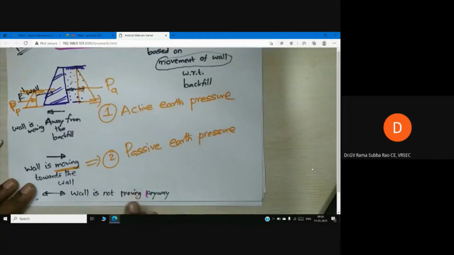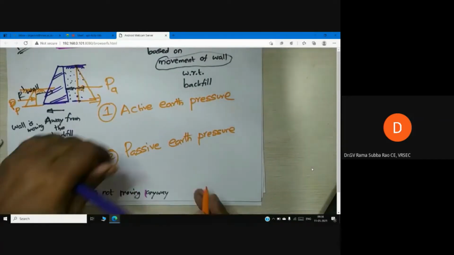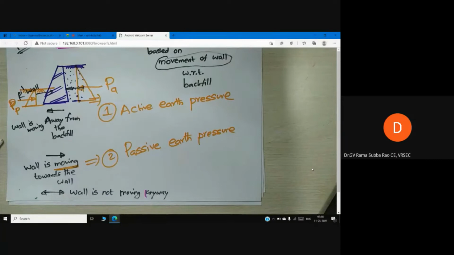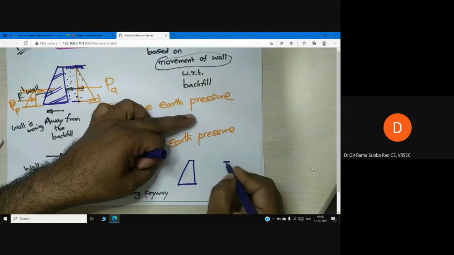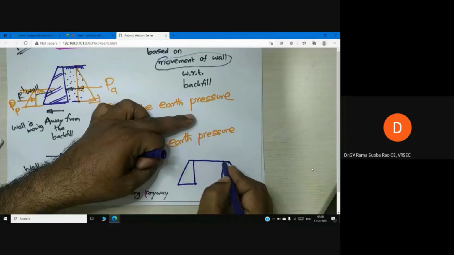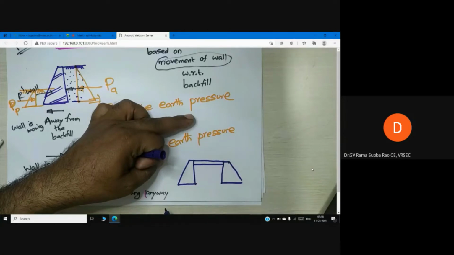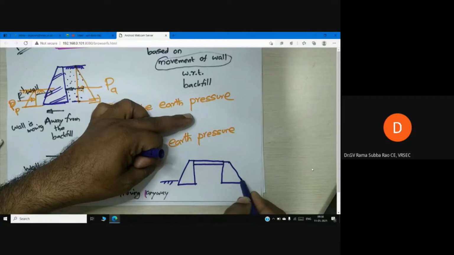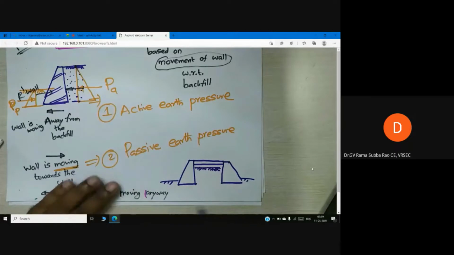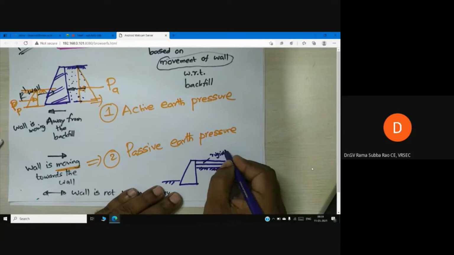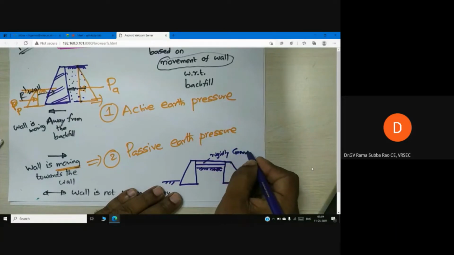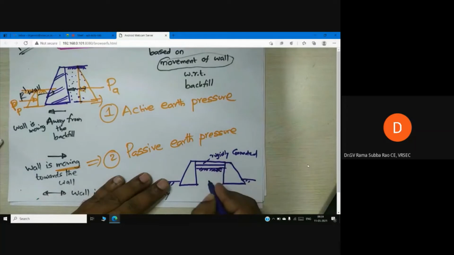Now you see, sometimes the wall is rigidly connected. For example, let me draw a figure. This is an abutment, you know that. This is another abutment. They are rigidly connected with a slab. Now one can see the two walls are rigidly connected, so the state of the stress here is at rest.